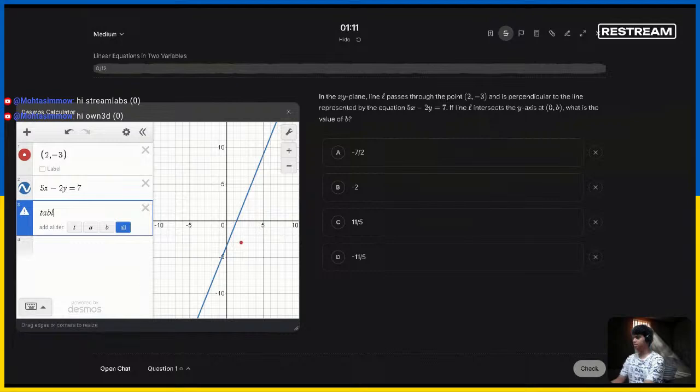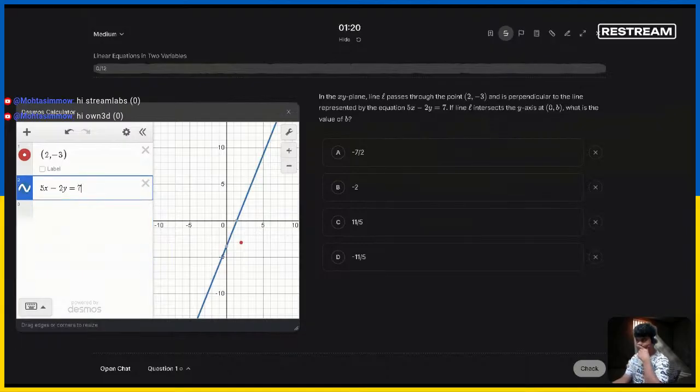How do we find it? Can we use a table? Not really. It intersects at 0 with 2, 3, or any number actually, but we don't know.